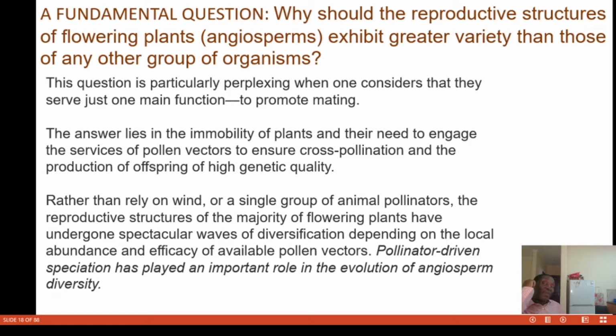This question is particularly surprising when one considers that the flowers just serve one main function, and that function is to promote mating, the natural crossing, the natural hybridization.